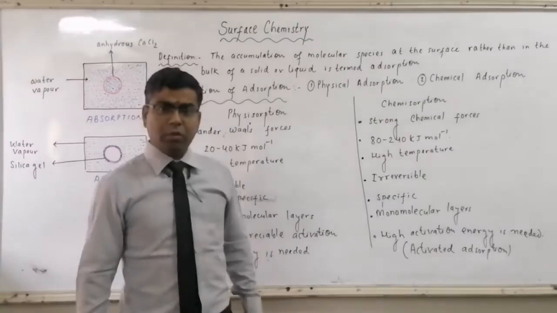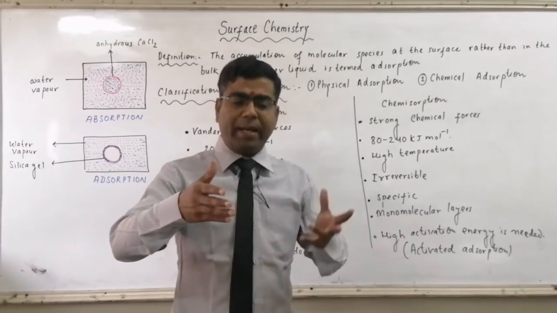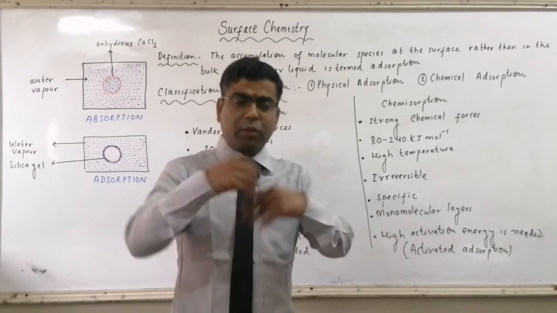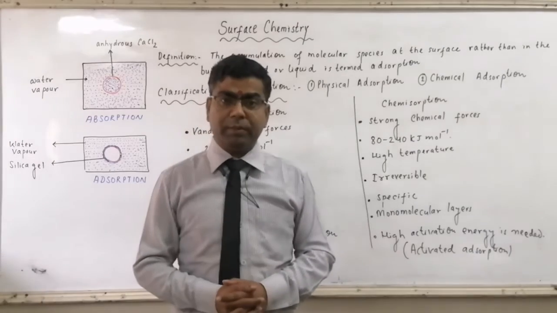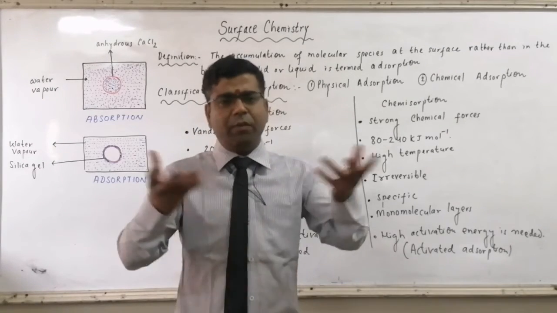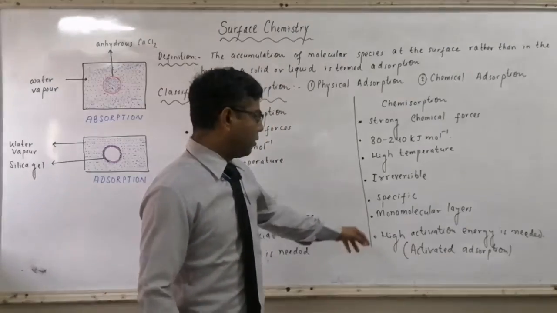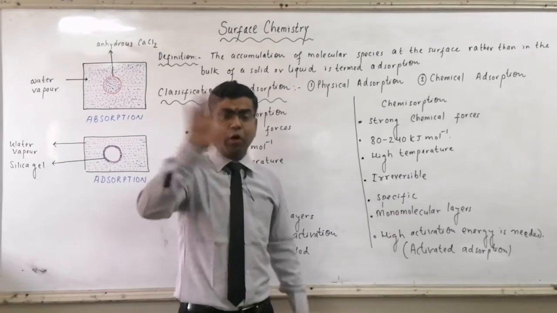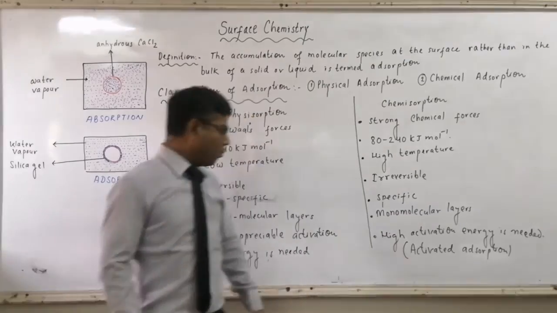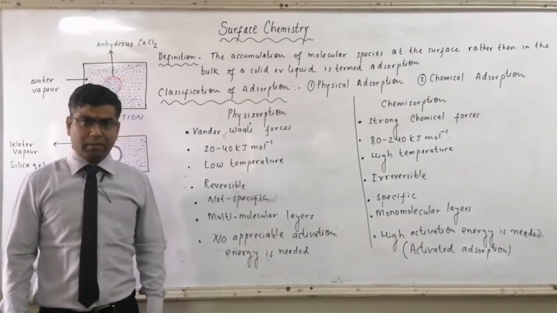Here, forces are strong, so there is low range. If adsorbate and adsorbent come in contact, then only it will give you chemisorption. So definitely we can have only one layer. So here it is monomolecular layers. One layer will be formed.